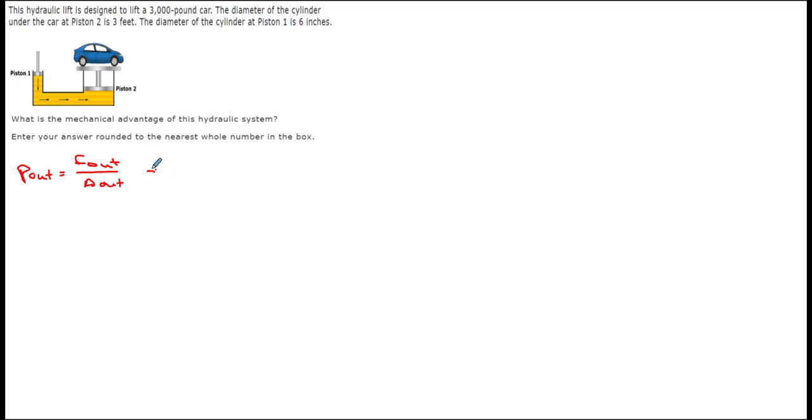So the pressure at the output is going to be 3,000 pounds divided by the area of the output. Remember, the area of the output equals pi r squared, so 3.14 times 1.5 squared. We needed the radius.